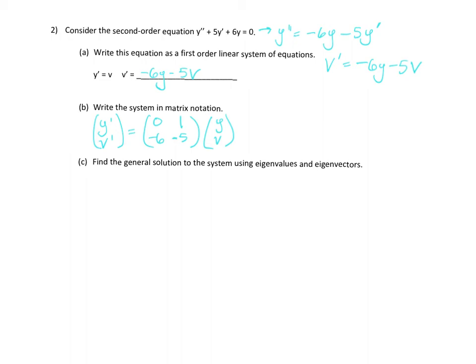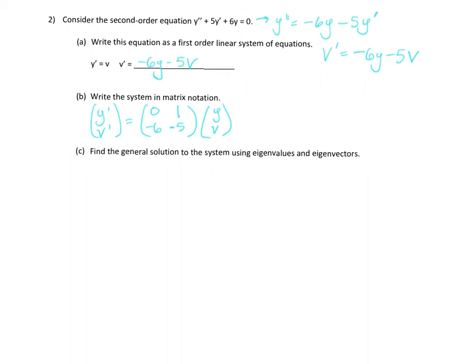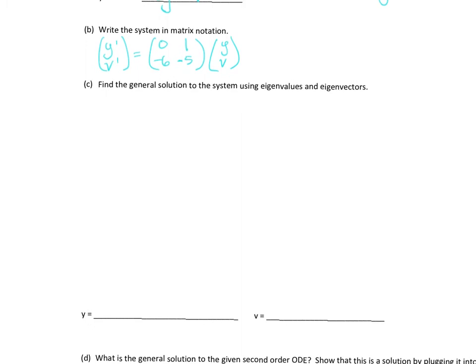So we start by looking for eigenvalues. So I calculate the determinant of A minus lambda I. So this would be negative lambda, 1, negative 6, negative 5 minus lambda. That is negative lambda times negative 5 minus lambda minus 1 times negative 6.